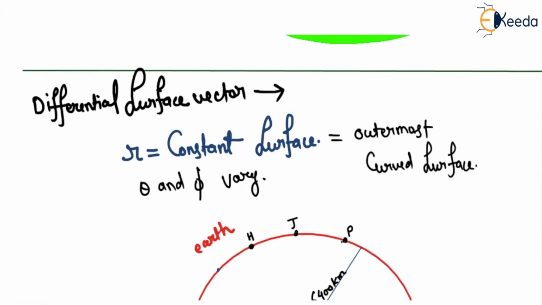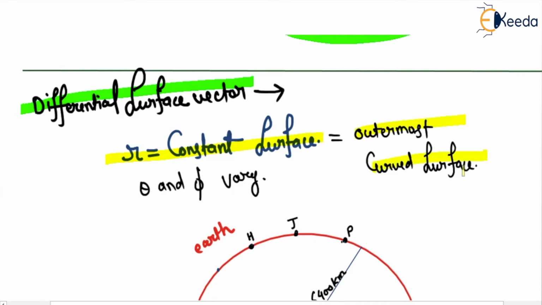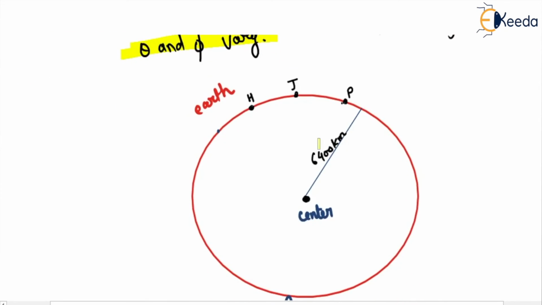Now we talk about the differential surface vector. In the differential surface vector, we will take r equal to constant surface, which is the outermost curved surface. For this surface, theta and phi will vary. As an example, for Earth, the center is 6400 km from the surface of the Earth.